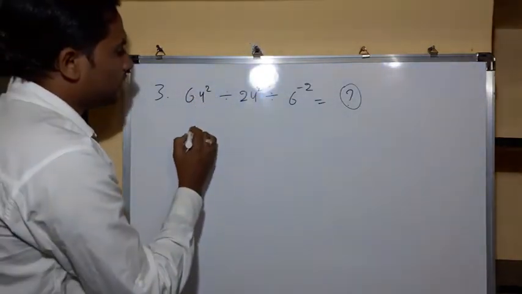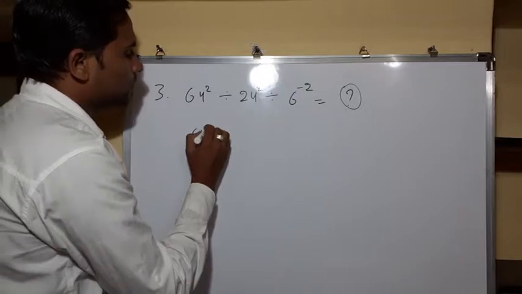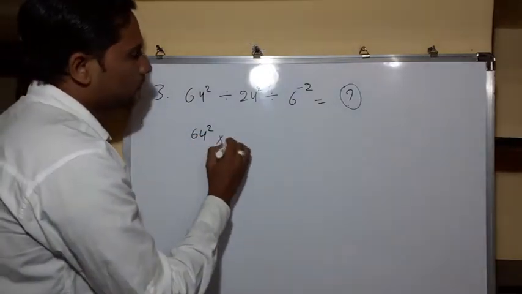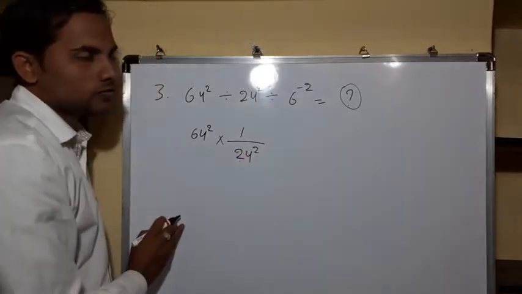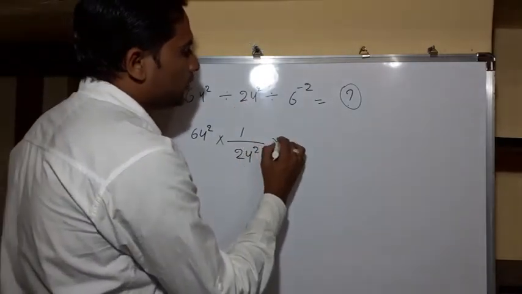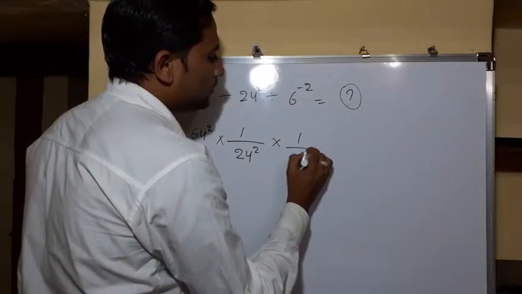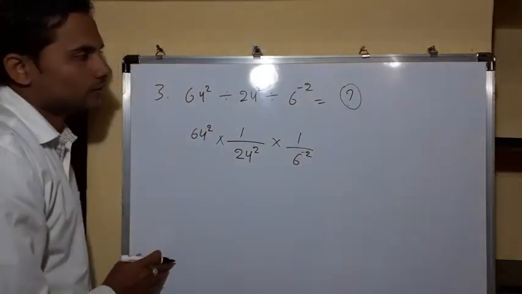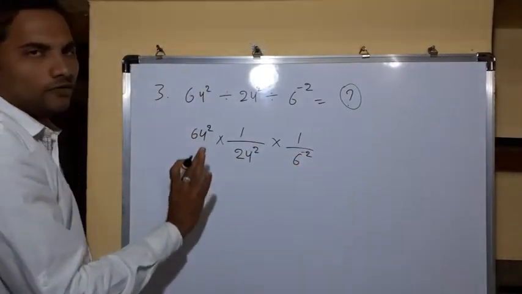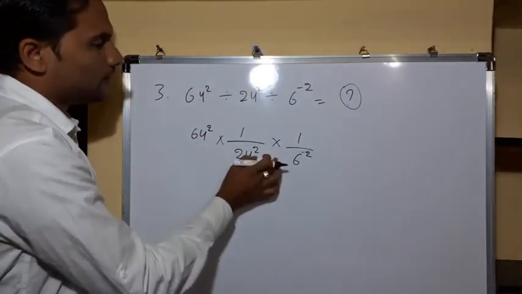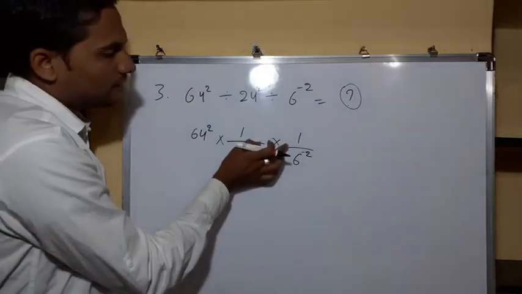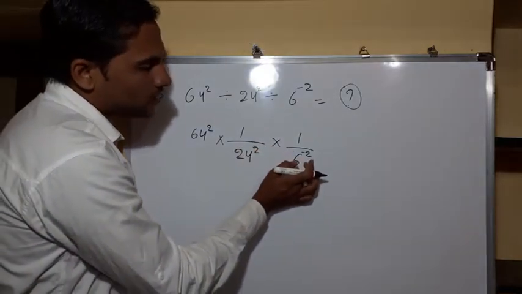So 64 square into 1 by 24 square, this division, into 1 by 6 raised to minus 2, right, friends? So this is what we will do. After conversion into multiplication, we will get this one. But friends, observe here, this is 6 raised to minus 2, right?